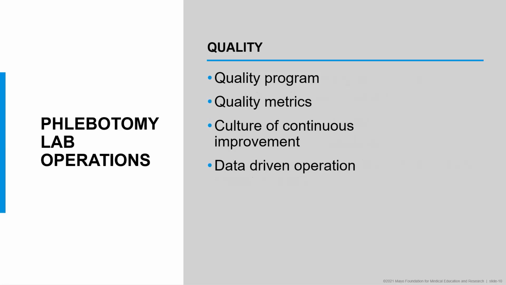Quality, we all want to make sure that the work that we provide is of the highest quality. So how do we do that? Similarly, you want to make sure that you have a quality program. When we say quality program, it's just making sure that you understand what your output is and how you measure that output to make sure that it's meeting the requirements that are set up.